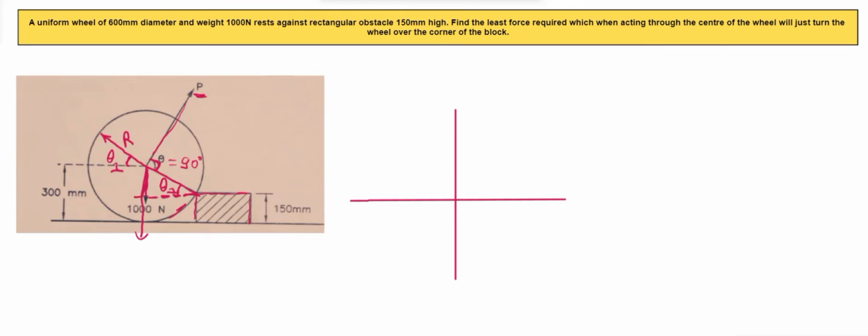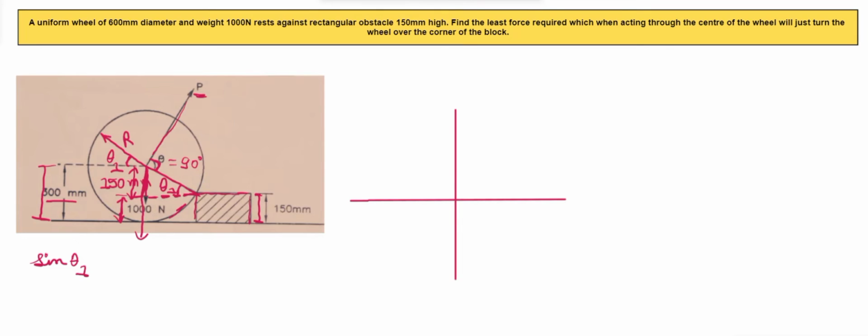Then this weight is acting in the downward direction. We'll just extend this. We need this height. Here this much height given to us is 300 mm and height of the rectangular block is 150 mm. That means the left height will be 150 mm.